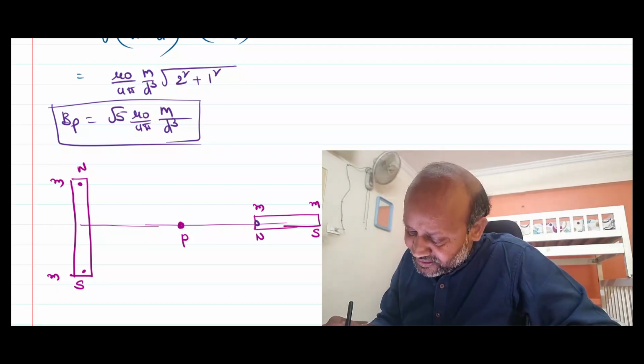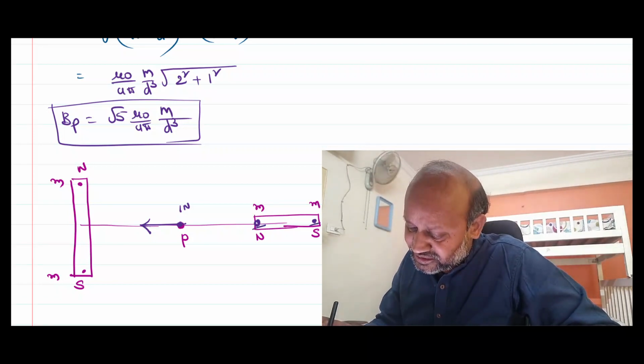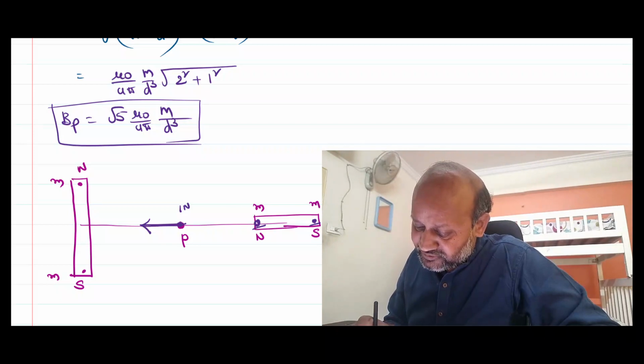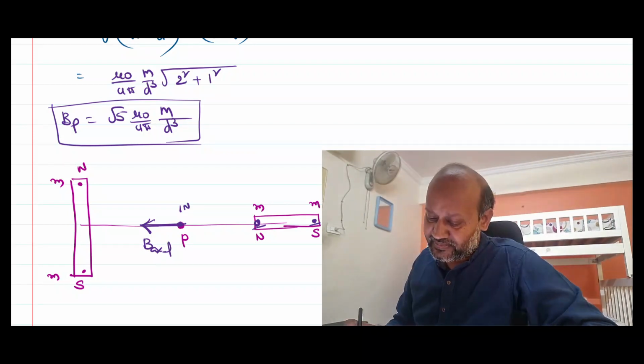See, this north pole, on this point, if you imagine a unit north pole, applies a repulsion. This south pole applies an attraction. But as I told you, F north is more than that of F south. So the resultant will be along the F north, that is B axial. As I told you, the resultant of B axial will be in this direction.